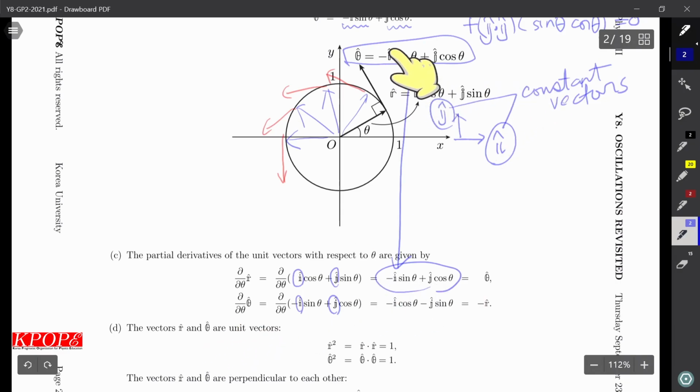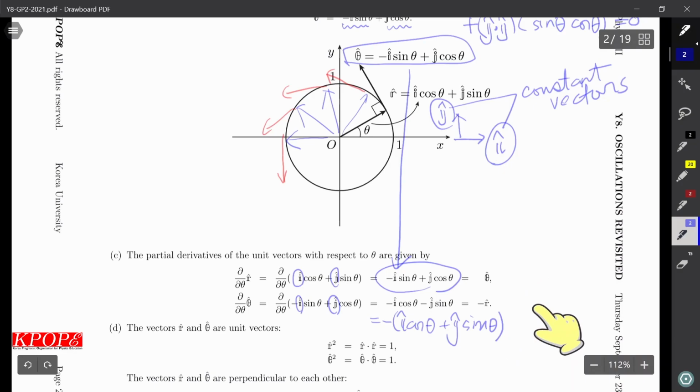And then for theta hat, we take the derivative. The derivative of sine theta is cosine theta, and the derivative of cosine theta is minus sine theta. We find this is minus 1 as a factor, equal to minus i hat cosine theta plus j hat sine theta.